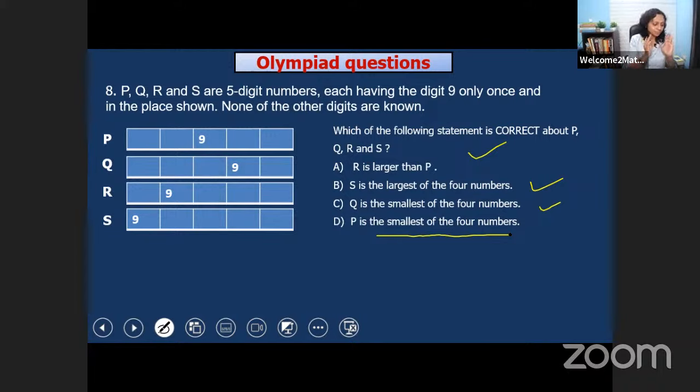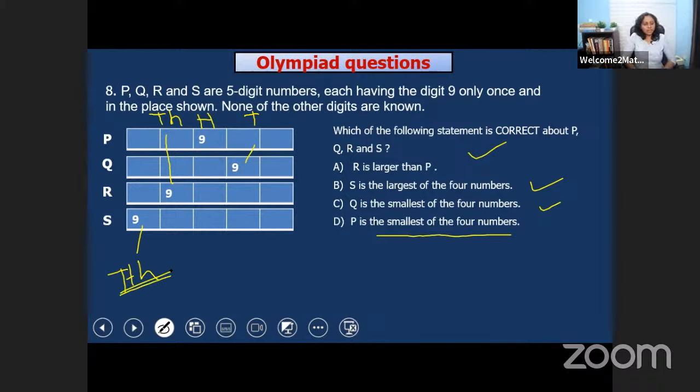You see, it's a 5-digit number. Here you can see 9 is at the hundreds place. And in this number, 9 is at the tens place. Here, 9 is at the thousands place. And here 9 is at the ten-thousands place.